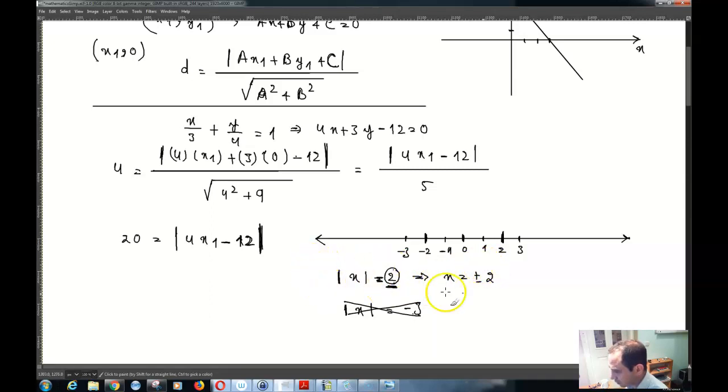So that's the meaning of the absolute value function. As you can see, this distance from 0 is 2 units, and this distance from 0 is also 2 units, irrespective of the sign. So we say that the absolute value of x is equal to 2. That means that x is either positive 2 or negative 2.